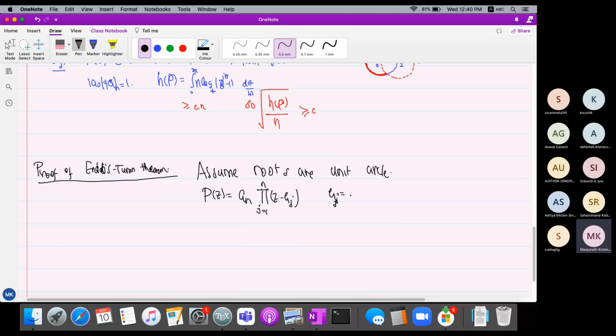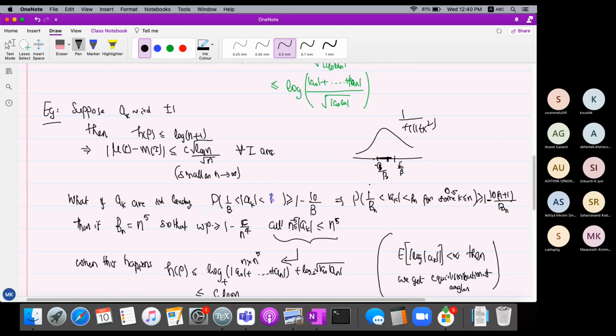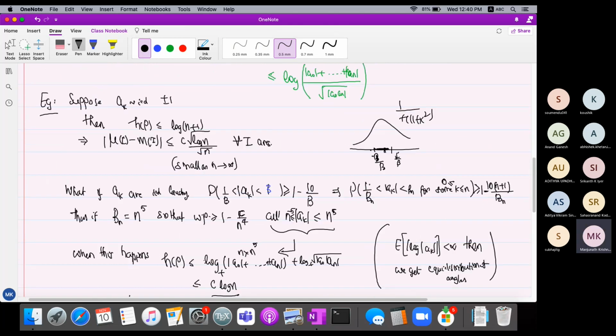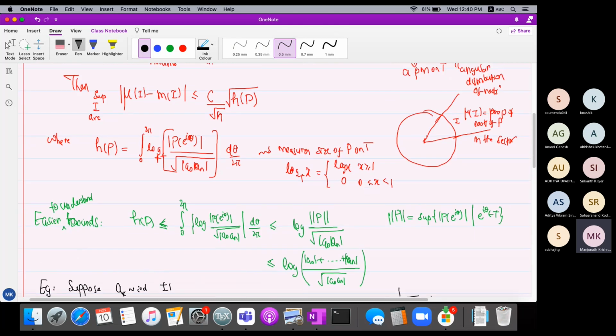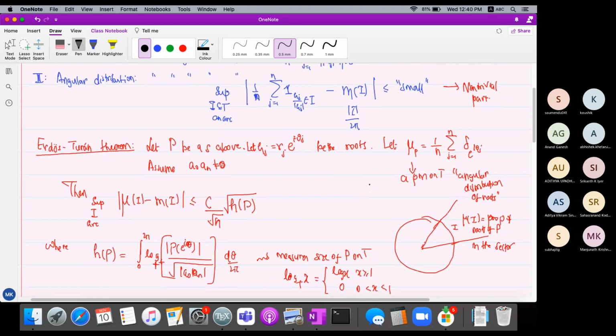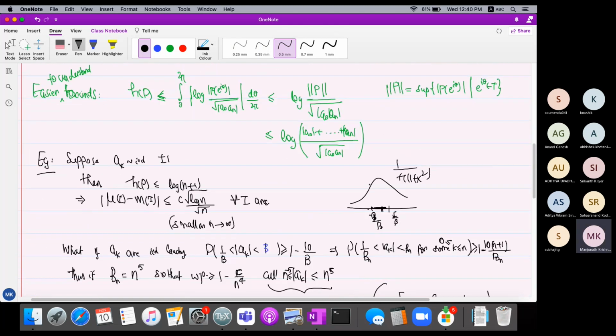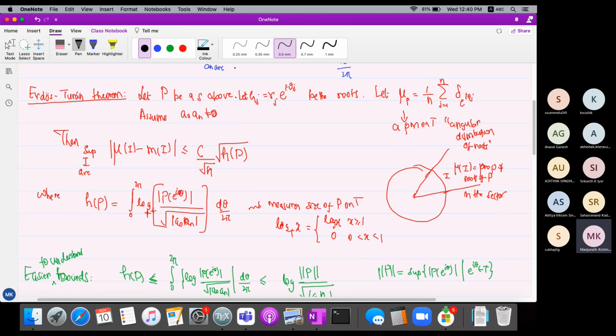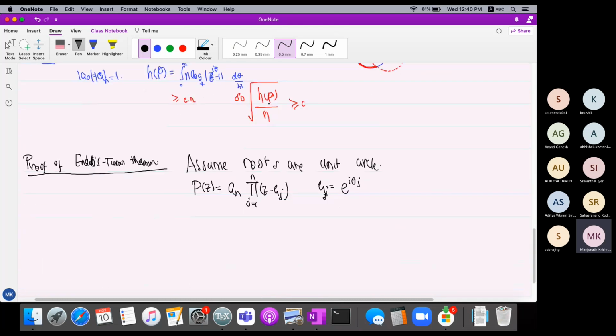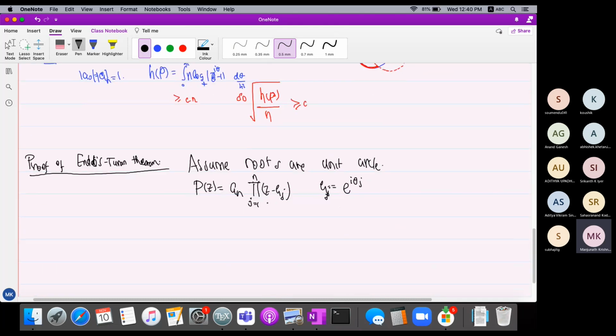So there is no r_j, it is e to the i theta_j. So there's no r_j; the r_j are all 1. That's what we are assuming. We will come to why, but this is the key point.